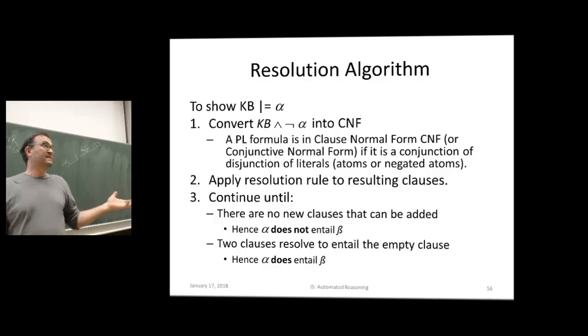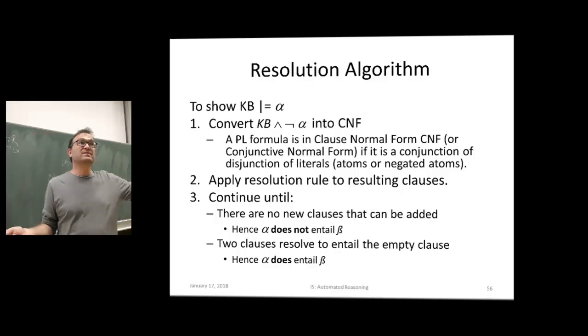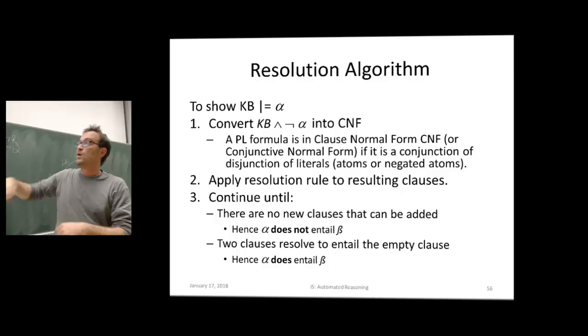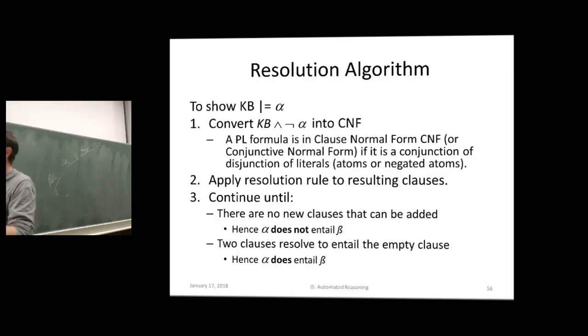The same principle as we just had with our Davis-Putnam algorithm applies here as well. So in order to show entailment, you have to convert the knowledge base plus the negation into clause normal form, and then you apply this one resolution rule exhaustively, as long as you can.